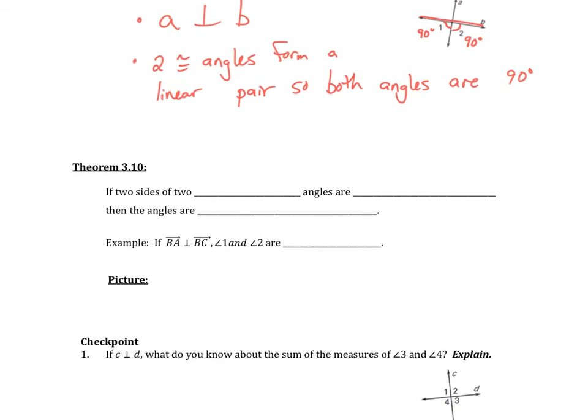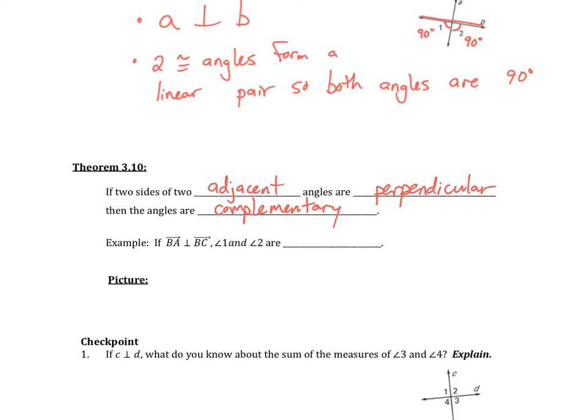Theorem 3.10. If two sides of two adjacent angles are perpendicular, then the two angles are complementary. Remember, complementary means adds up to 90.